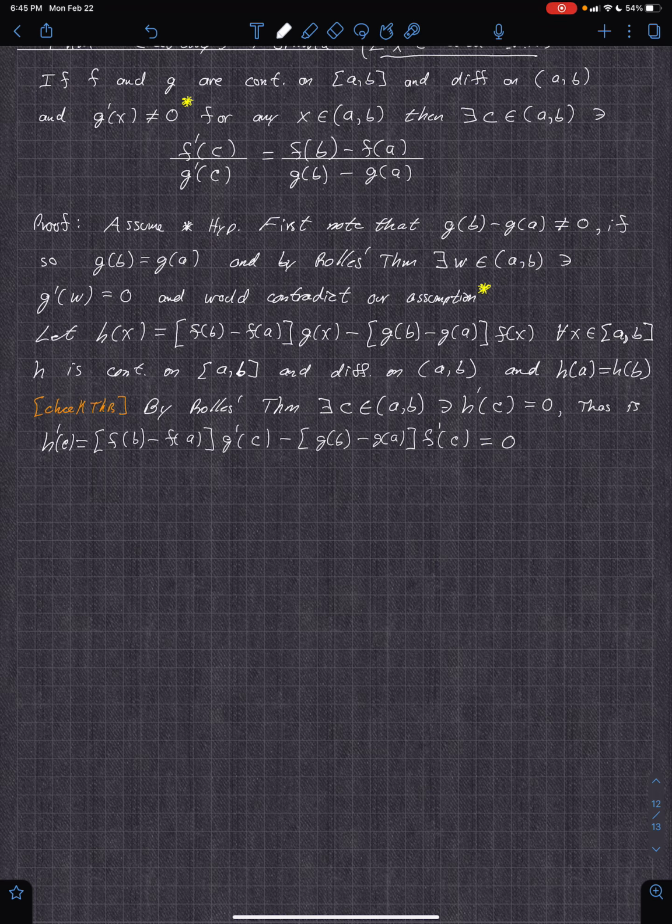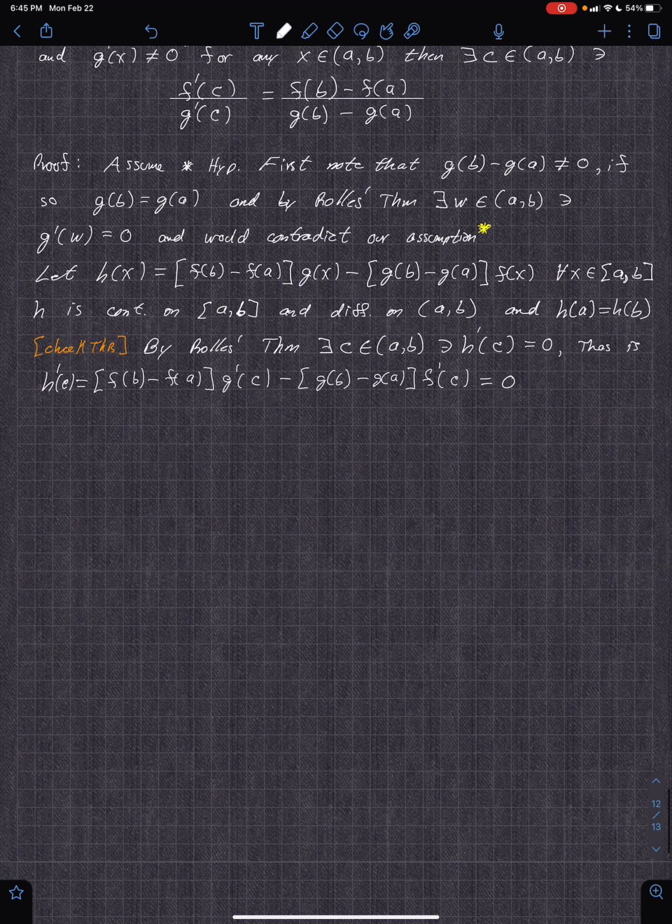And so, yeah, that's it. So you basically just have, I'll rewrite this next step, f of b minus f of a times g prime of c is equal to g of b minus g of a times f prime of c.